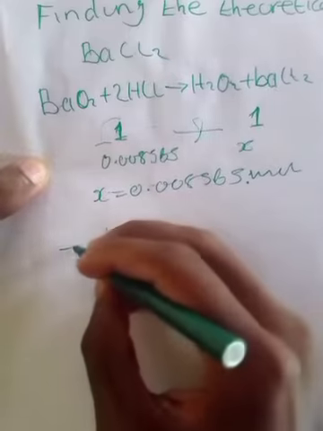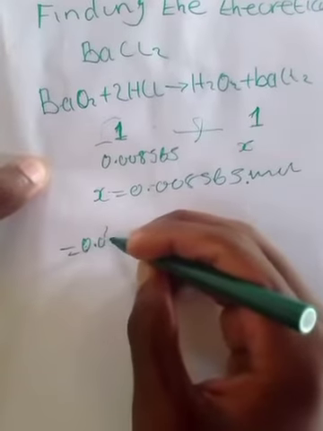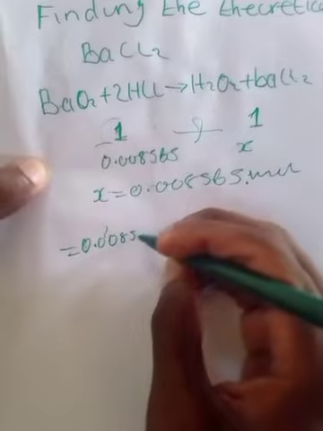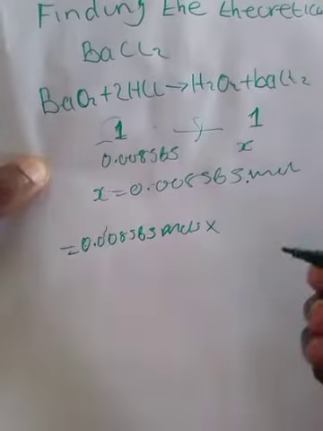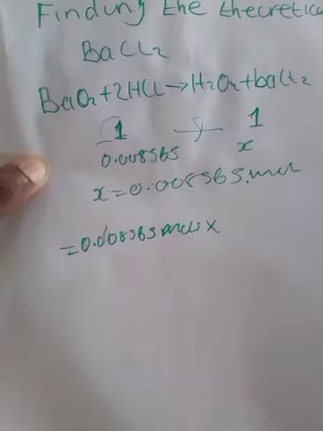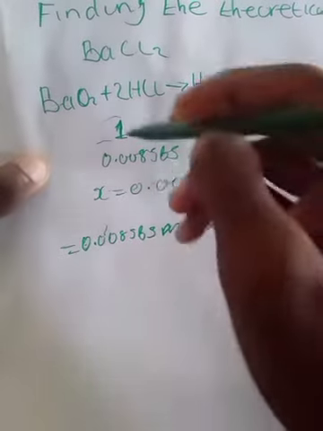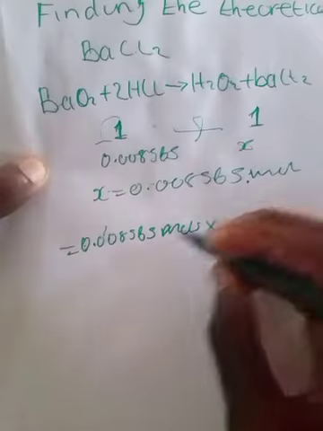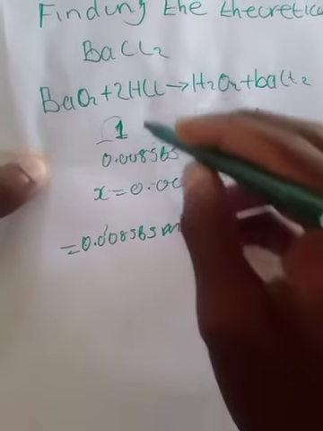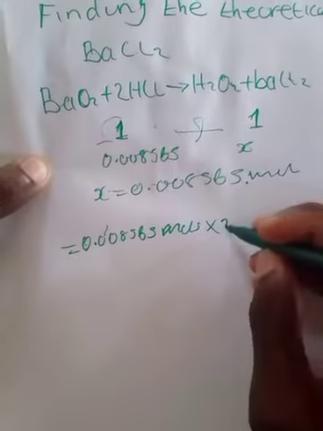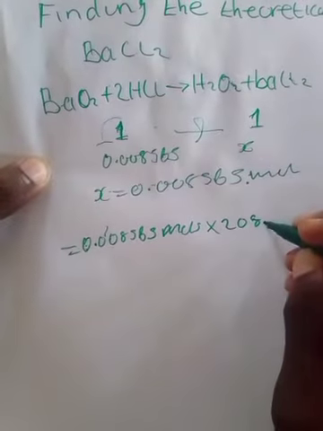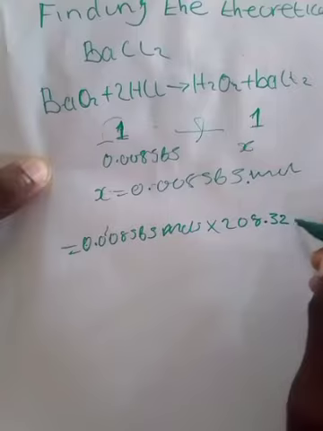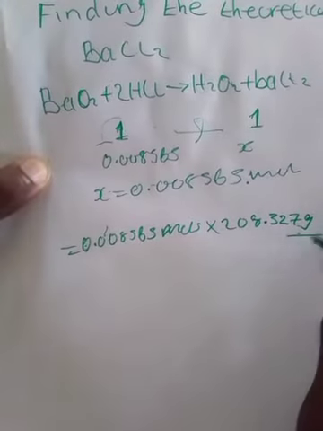Since you know the number of moles for barium chloride, you can now easily find the mass. You're just going to say 0.008565 moles times, and when you do the calculations, you find that the molar mass for barium chloride is 208.327 grams per mole.